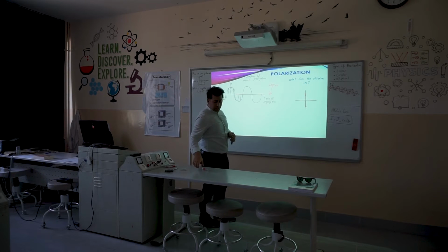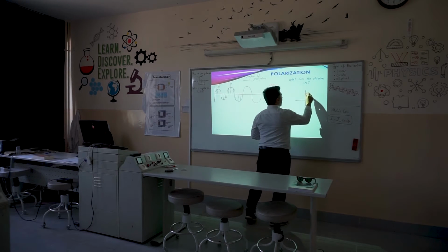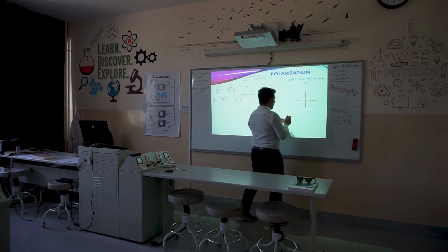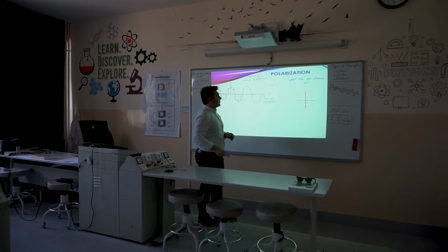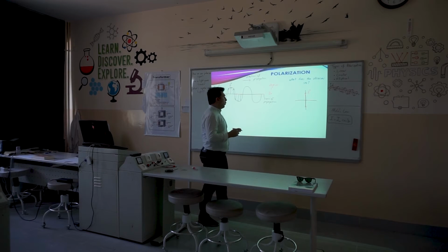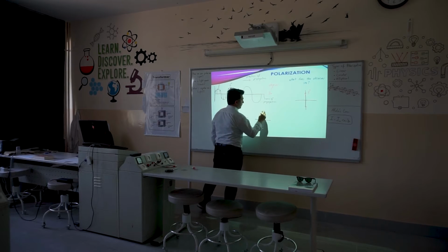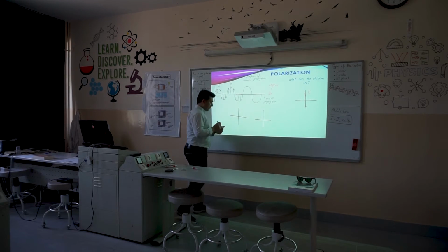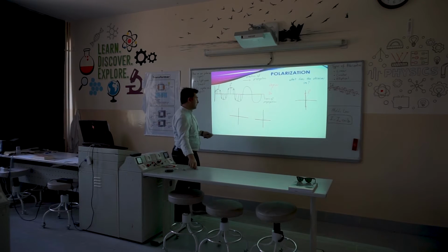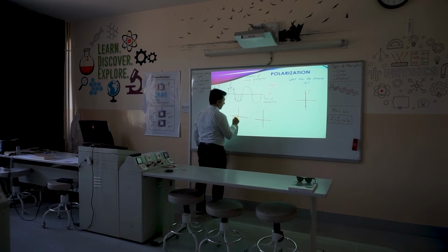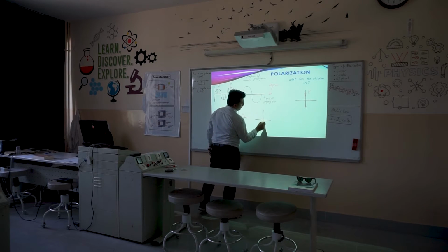We call this kind of polarized light linear polarization. So this might also be something like this. It could be horizontal, it could also be orthogonal.